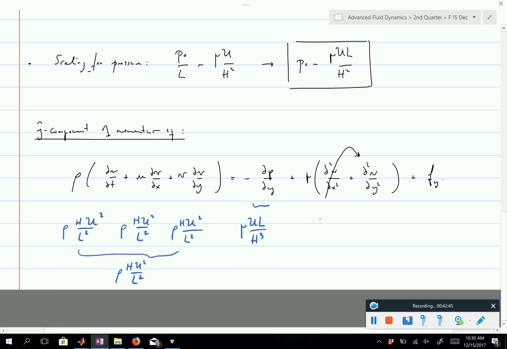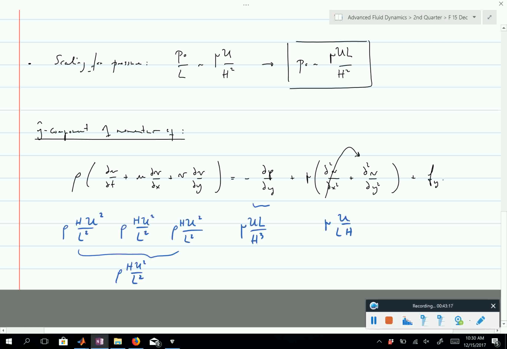And this term here is mu times u divided by l times h, so you have a 1 over h, so it's also a big term, but it's not that big.